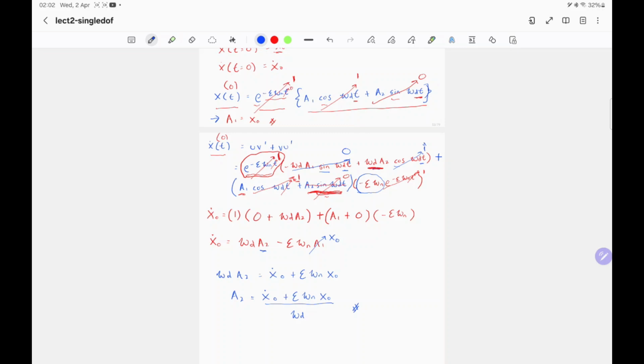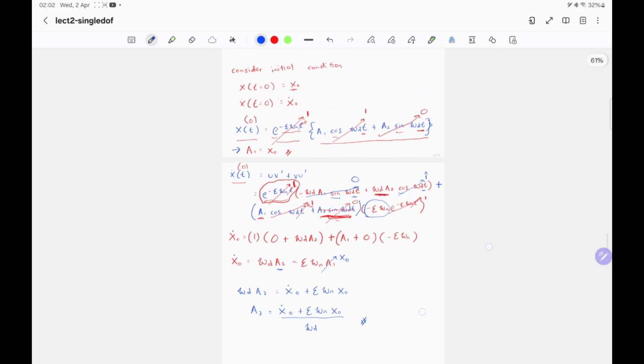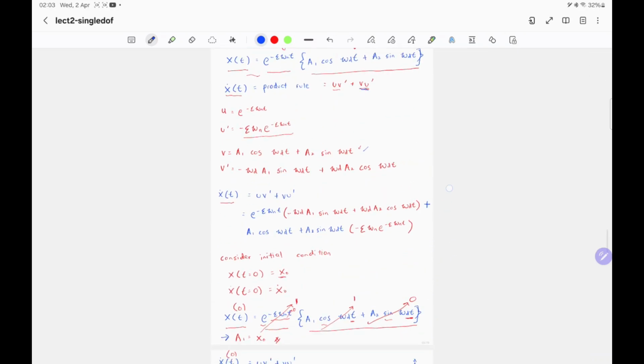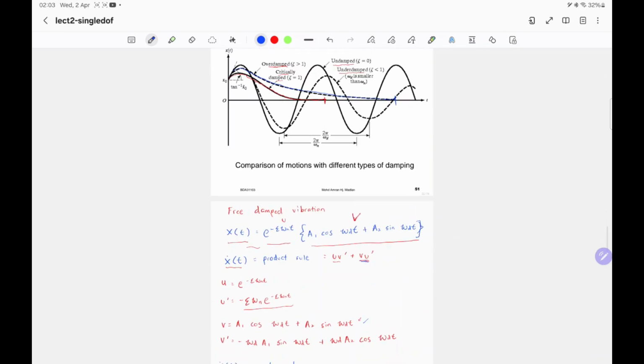Now we have determined a1 and a2, and we place them back in the original equation for the free damped vibration system.